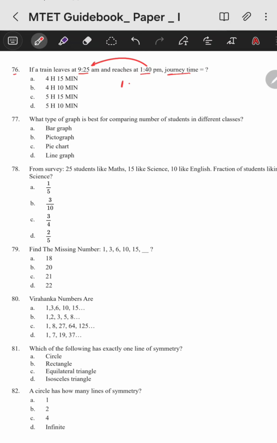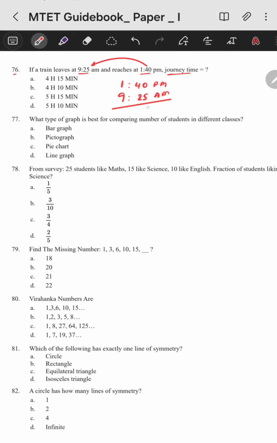So it is 1:40 p.m., and then it is given 9:25 a.m. If you subtract, we will get our journey time here.